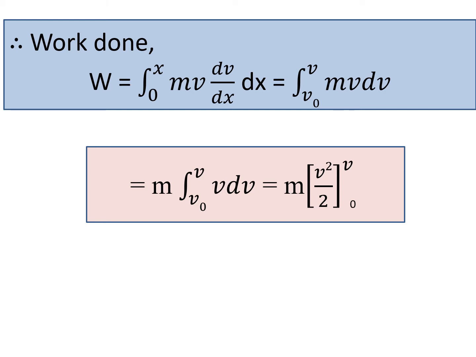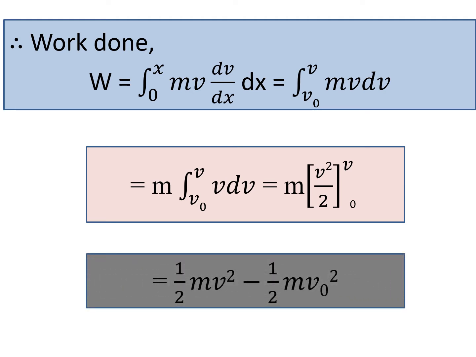If you know the formula, you can understand why I have written this. So from this, we can write half m v square minus half m v naught square. We have just put the upper value and lower value of v. This is actually the work energy theorem.